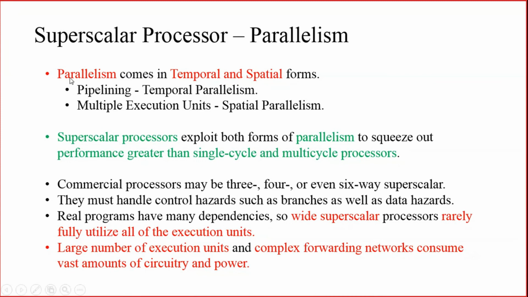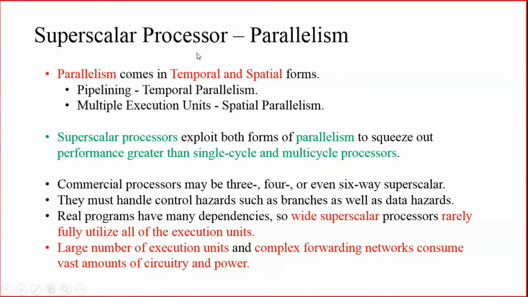Spatial parallelism is implemented by having multiple execution units, so that two or more instructions can be fetched and executed simultaneously. That is part of spatial parallelism, and temporal parallelism is implemented using a pipeline.